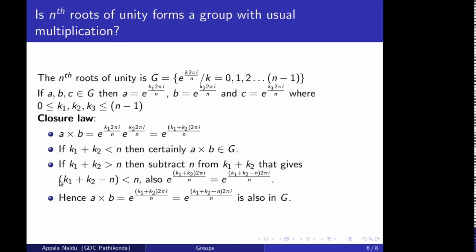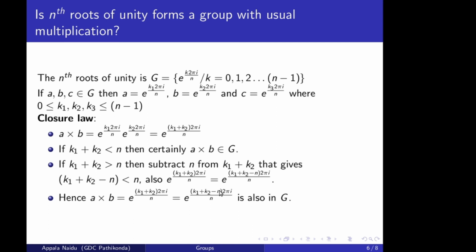And look at this expression e power k1 plus k2 into 2 pi i by n. If we apply Euler formula for this and apply Euler formula for this, we get these two results same. Hence a into b is this expression, which is also same as this one, and here k1 plus k2 minus n is less than n and greater than or equal to 0.